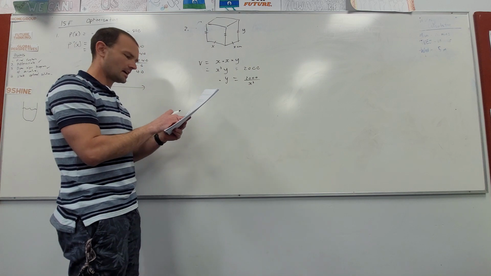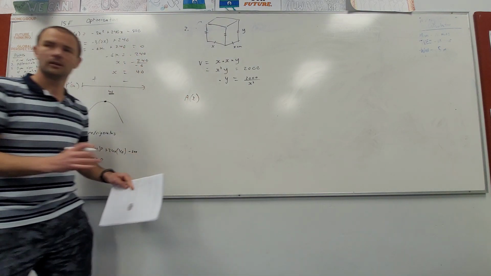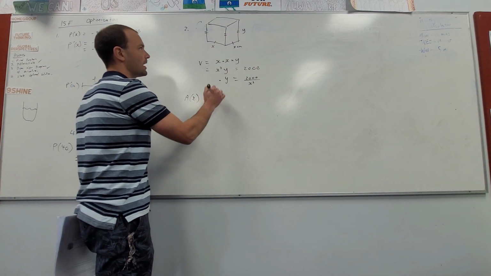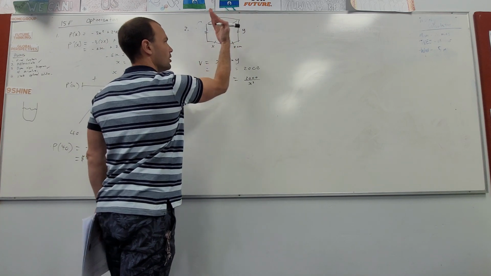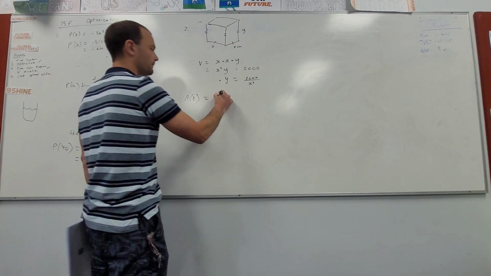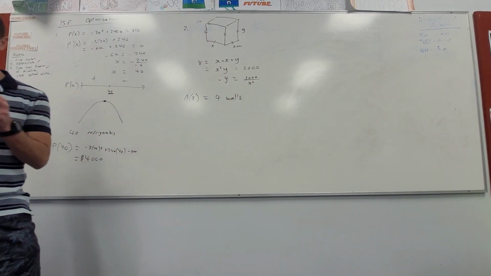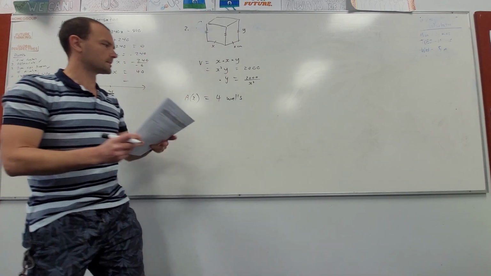Okay, so we are asked, show that the surface area, the area of all of the surfaces added together. So what we have is 4 walls. We've got one wall here, one at the back and one on the other side. So we've got 4 walls. And we're told as well, it's an open top box, which means there's no lid, but there is a base.